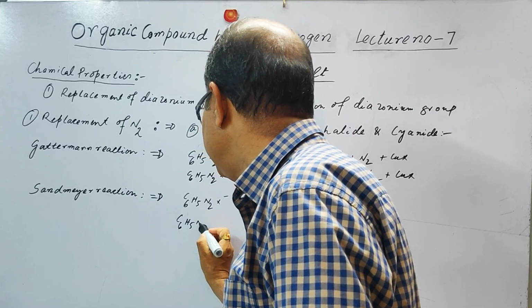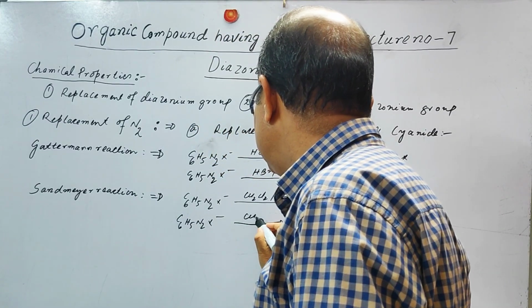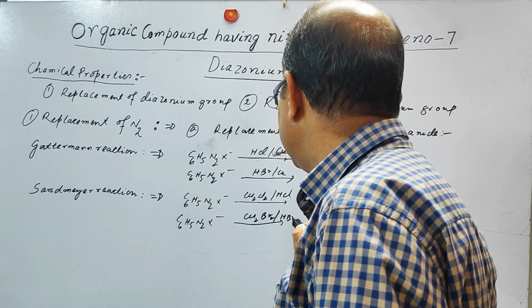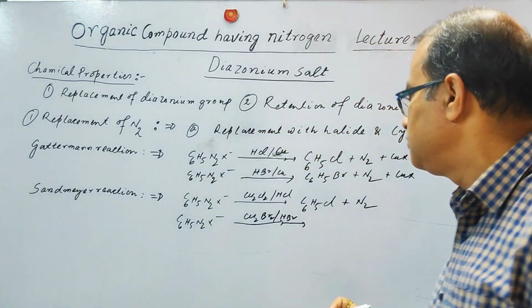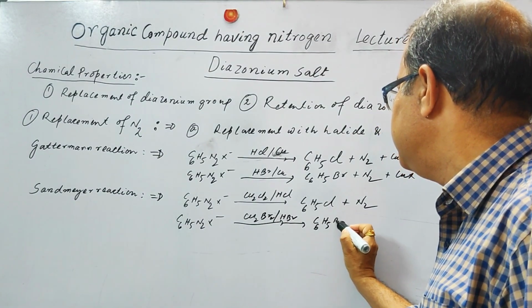C6H5N2X with Cu2Br2 plus HBr, here also you can see that bromobenzene is prepared.